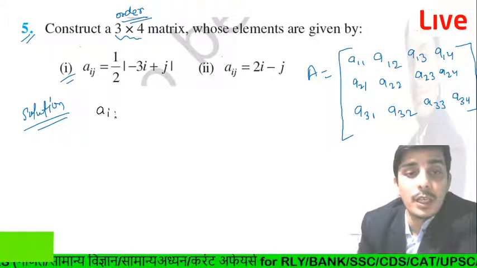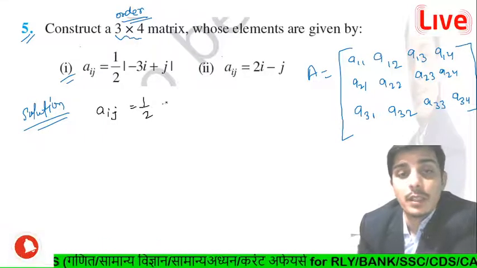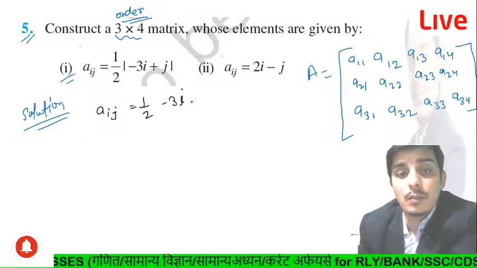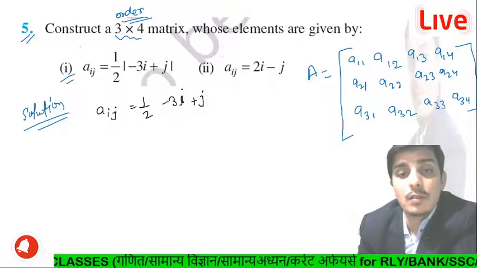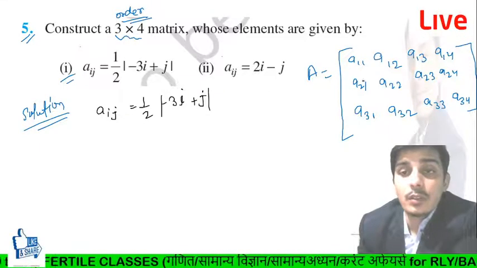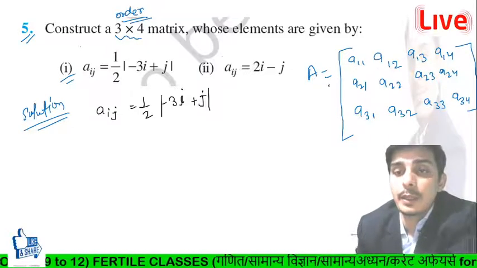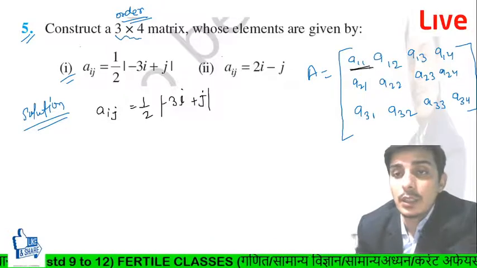So Aij is equal to 1 by 2 times the mod of 2 minus 3i plus j. Now I have to find all the elements, meaning the 12 elements of this matrix, and all the names are given.